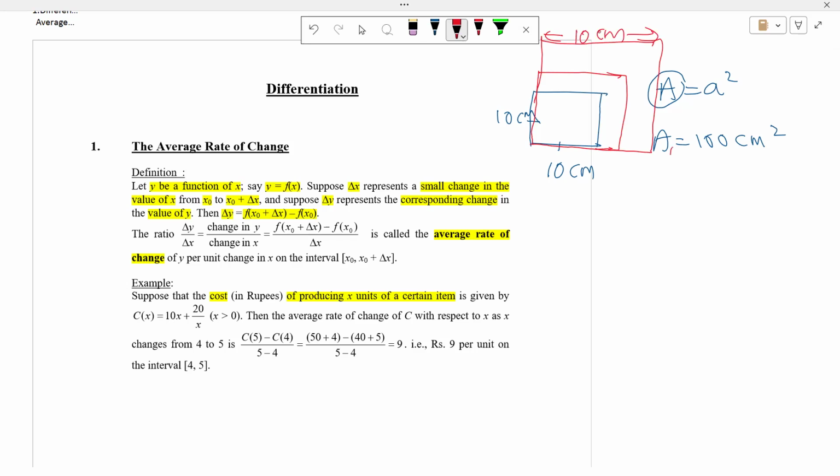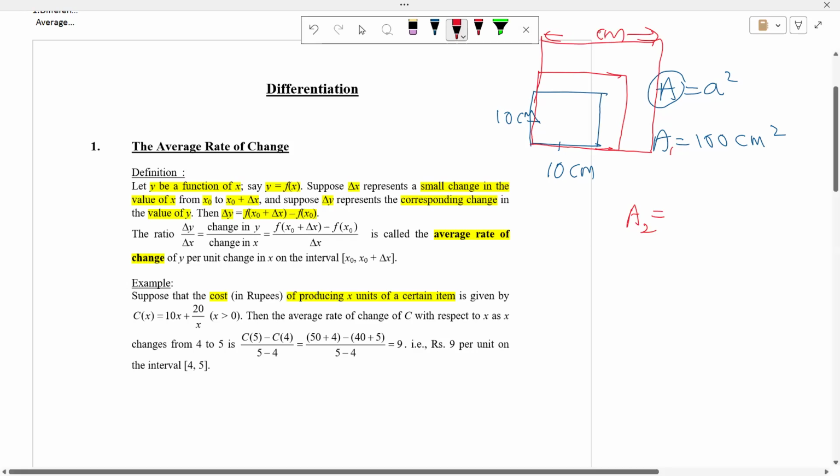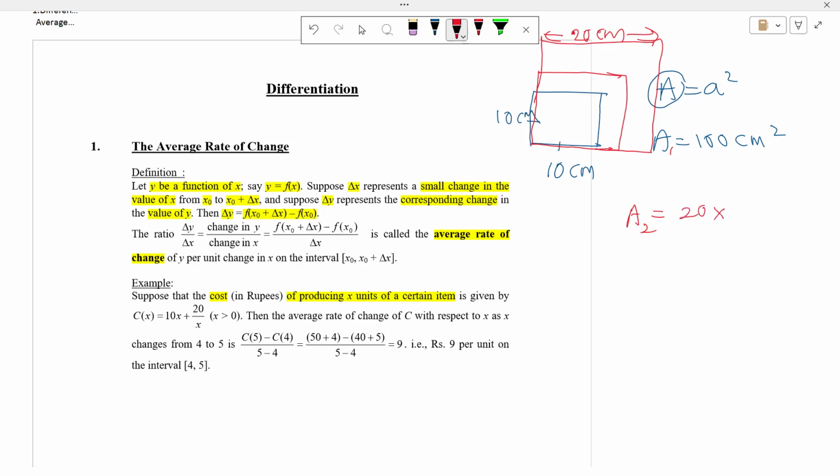Now tell me, what about the square A2? The length increased by 10 centimeters, so the new length is 20 centimeters. If the length is 20 centimeters, then 20 times 20, how many? A2 is equal to 400 square centimeters.